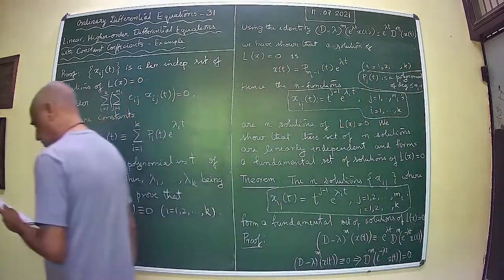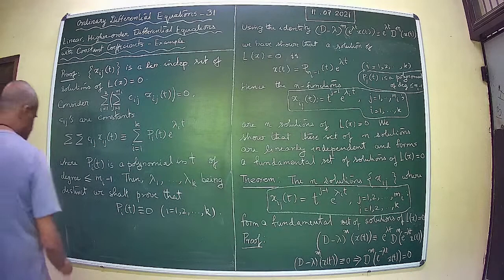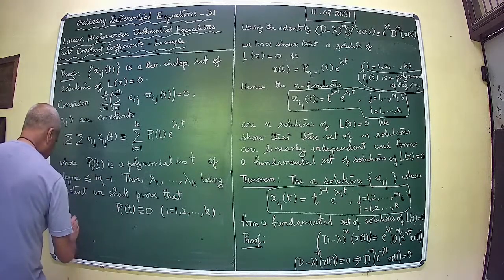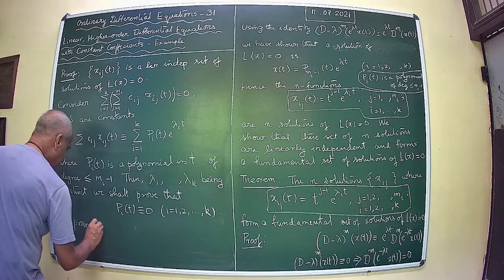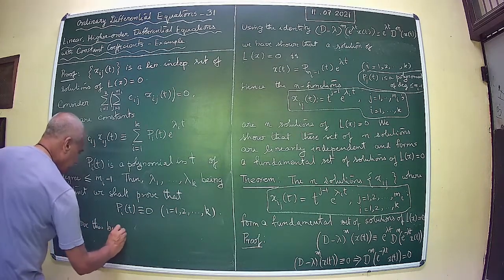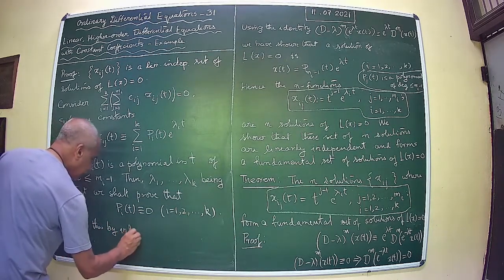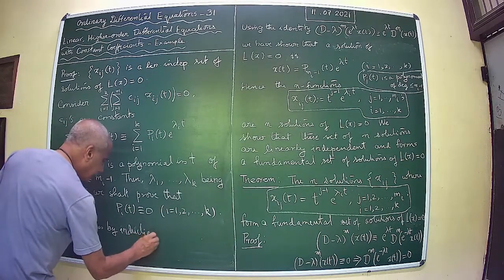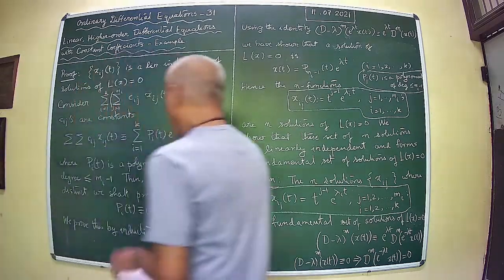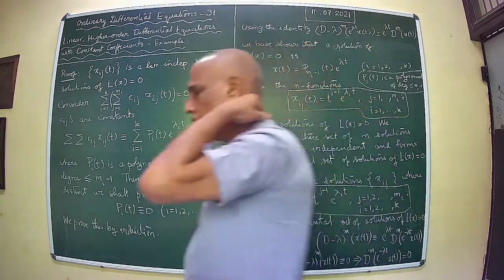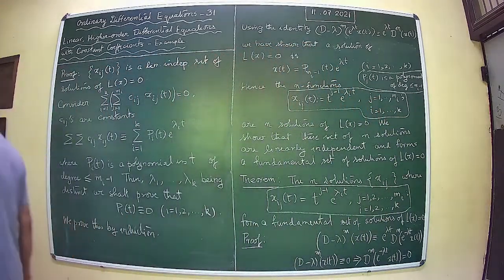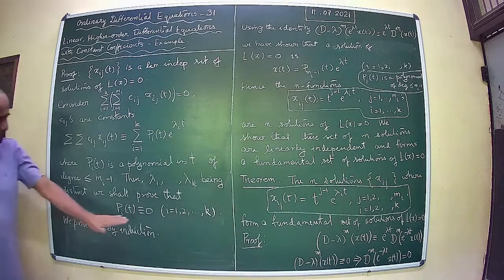Okay. So how do we prove this? Prove this by induction. Now you know that if a polynomial is identically 0, then all the coefficients are 0. So it is enough to prove this.